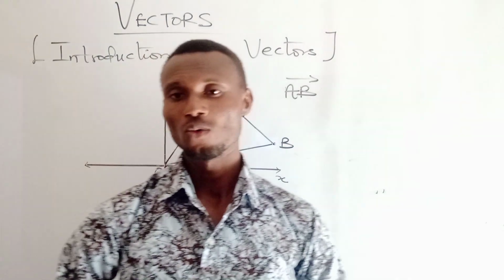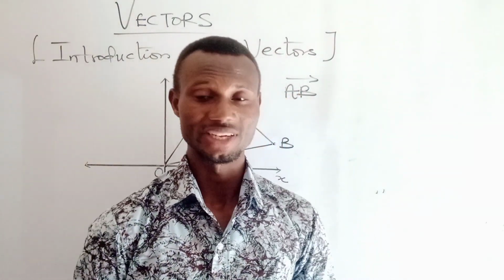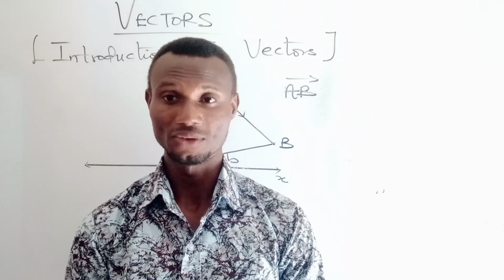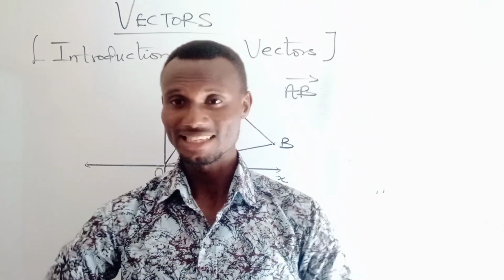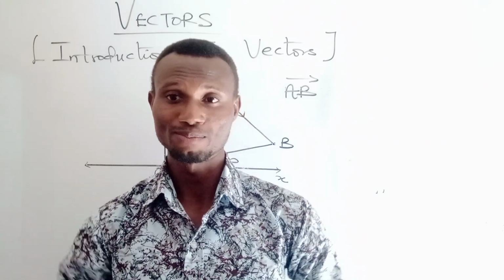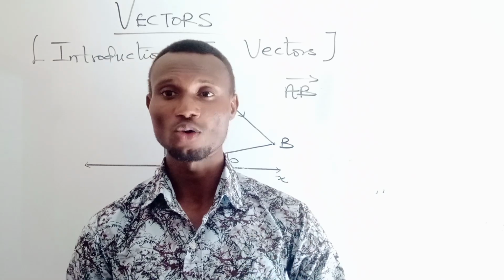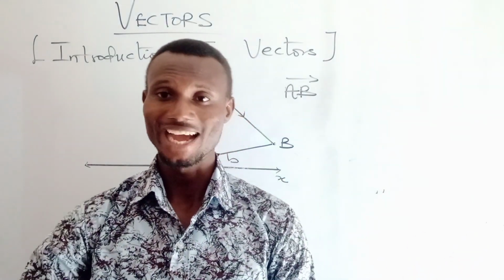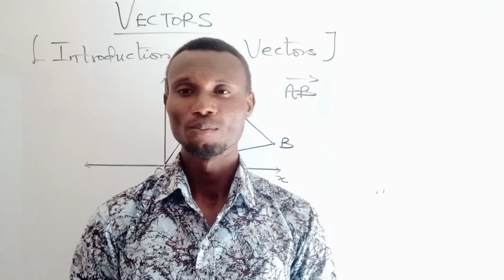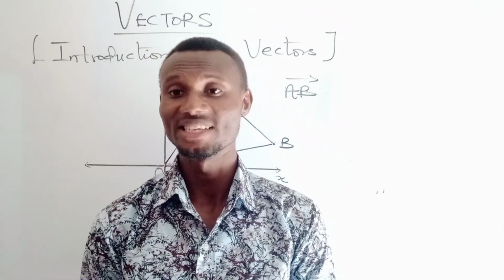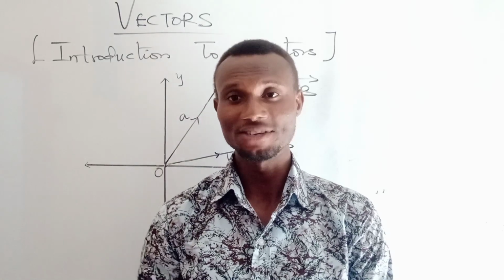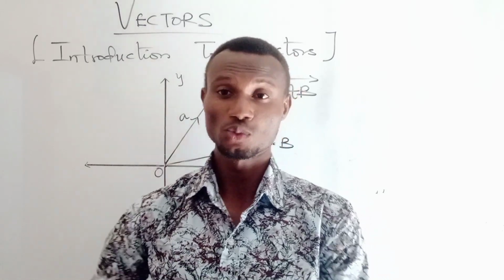So what we've looked at in this video is that we've been able to define what a vector is, and we've used some examples of vectors to explain what we mean when we speak of the magnitude of a vector and also the direction of a vector. Also we've looked at position vectors, which simply means that a vector will start from the origin, and position vectors are represented by small letters.